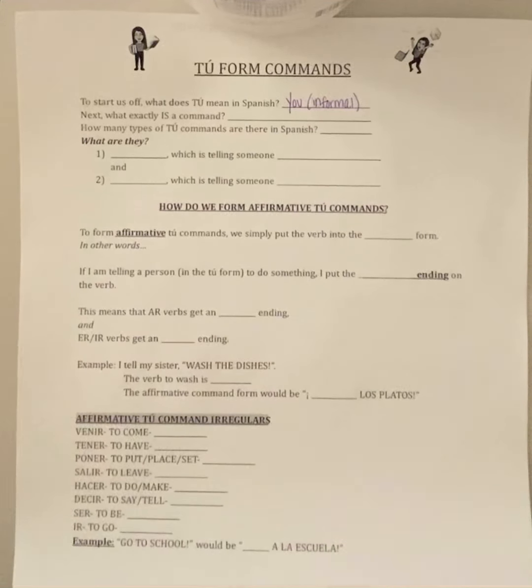Okay, you would not use the tú form if you were talking to, for example, your parent or your grandparent or a teacher, a boss, a doctor. That you would want to use usted because that means you, formal. Okay, so tú-form command, tú means you, informal.